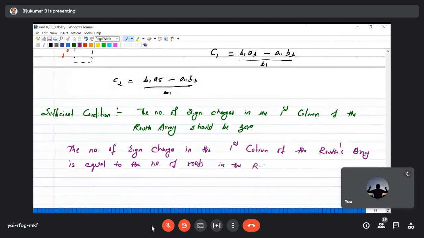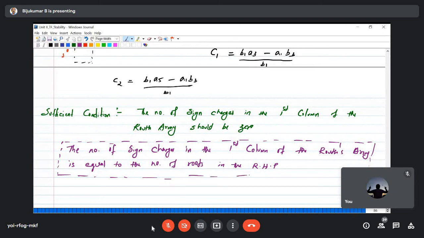Suppose I have 2 sign changes in the first column, it means that 2 roots are located at the RSP of the plane. That is the conclusion. So by using this Routh array, you can check the stability of the system.